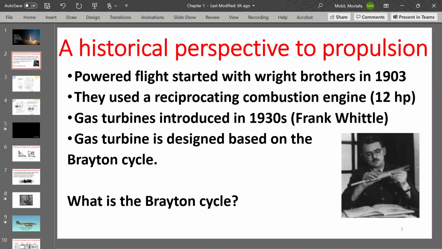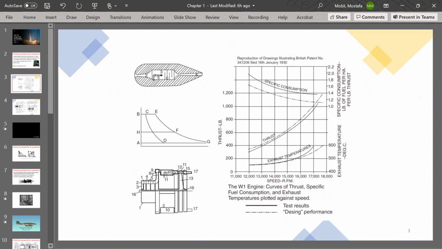A compression. We had compression in a compressor, right? Then we had the combustor stage in which we added fuel to the air, and we have an air-fuel mixture, and we have the combustion, and then the turbine, and then we have the exhaust nozzle, right? It's usually an open Brayton cycle.